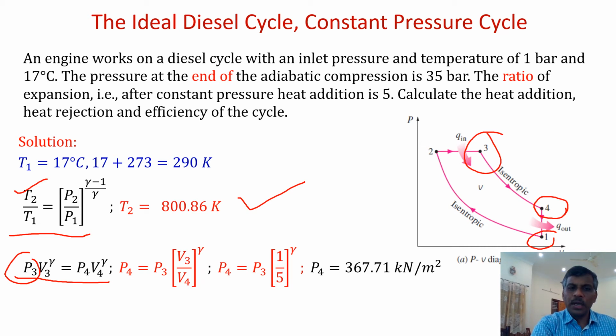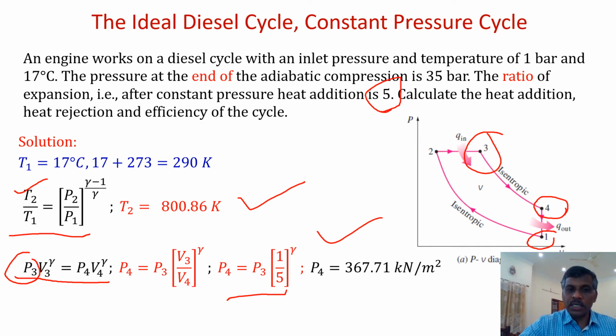They have given the expansion ratio, that is V4 by V3 is given as 5. So V3 by V4 is 1 by 5. All other data are known, so you can calculate the value of P4.